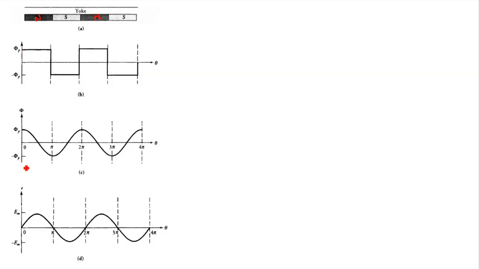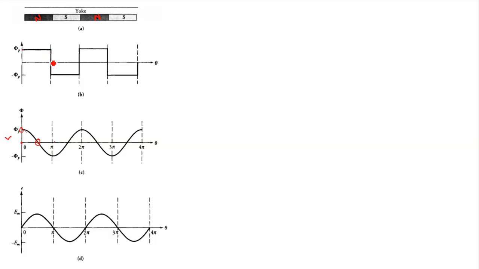If we plot the flux linkage with the coil, it is maximum at 0 degrees, then gradually becomes 0 at pi by 2, and again becomes maximum negative at pi, right?